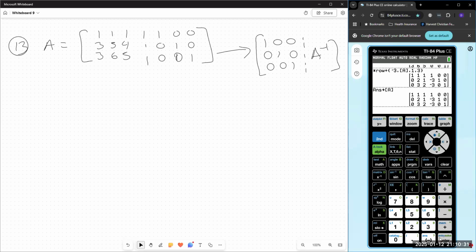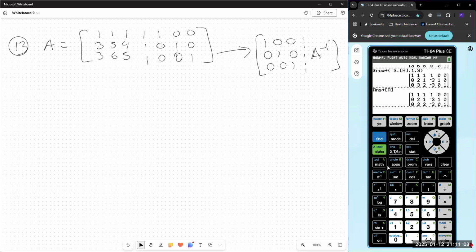Now I want to get a 1 in my second row. You've got some options here. I can do 3 minus 2 is 1, and then I can do some row swaps. But because we're using the calculator, let's just go ahead and make it deal with the decimals. So I'm going to multiply row 2 by 1/2.